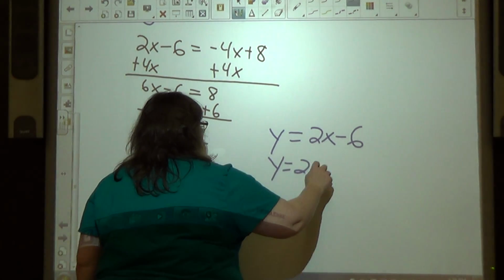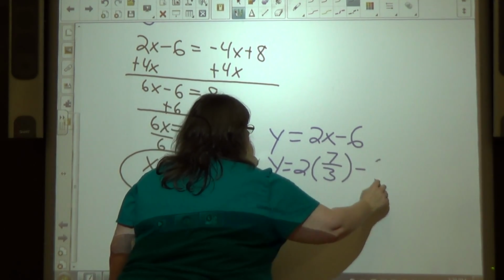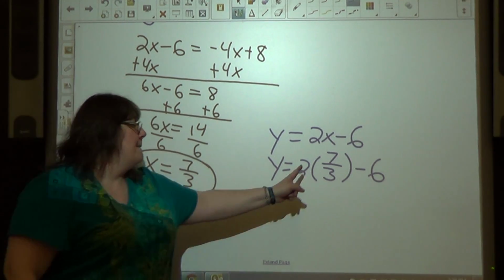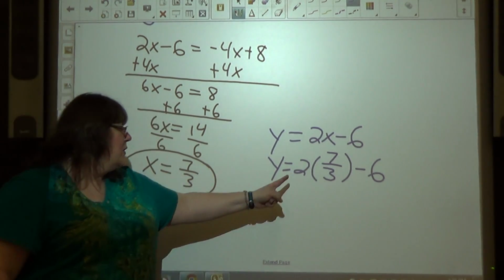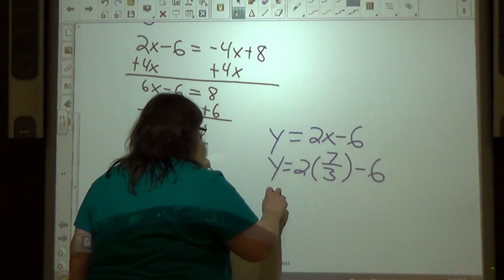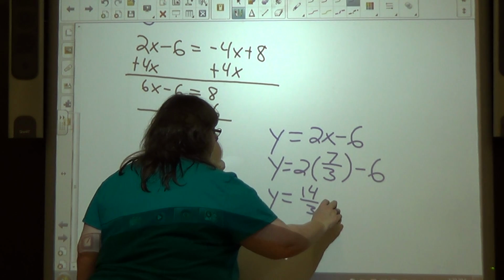Y equals 2 times 7/3 minus 6. Okay? I just took what I have for x, put it in there. Now I'm going to solve this and get y. Okay? So y equals 2 times 7 is 14 over 3 minus 6.